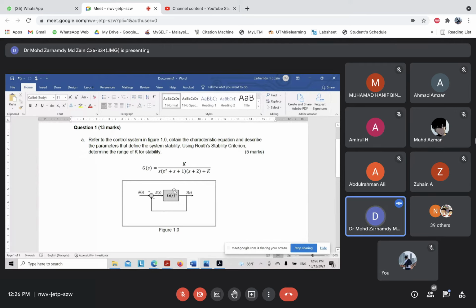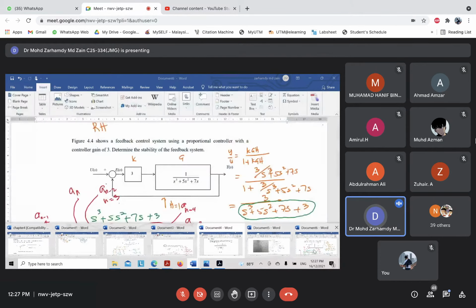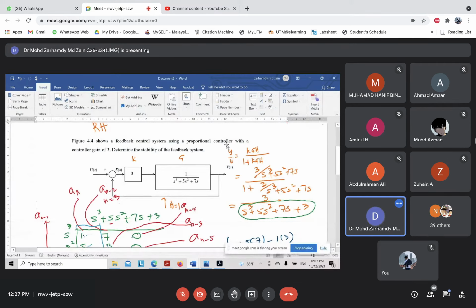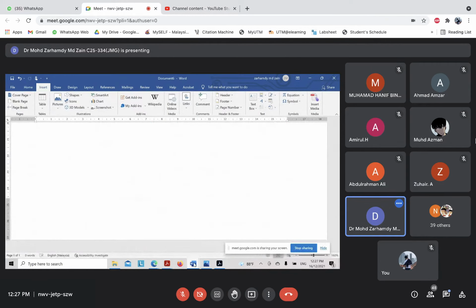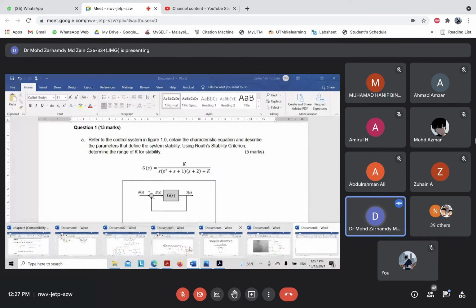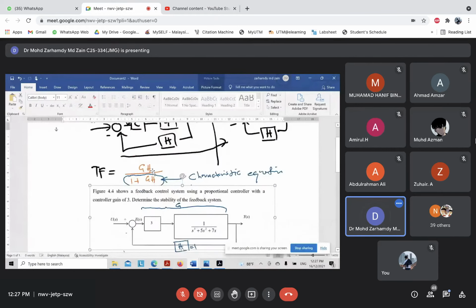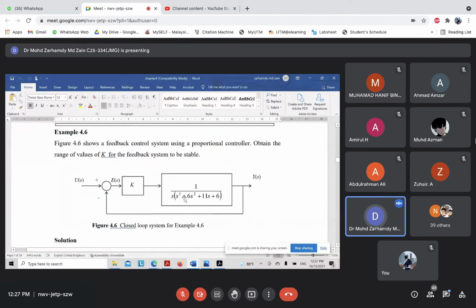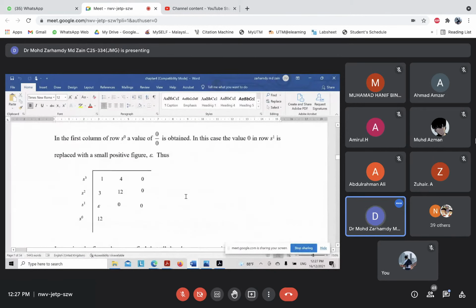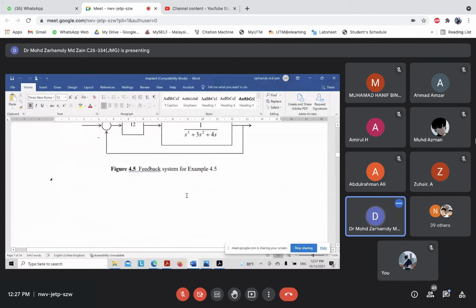Tadi kita buatlah sama-sama ni. This is the example of test 2, question 1A, normally 5 marks, to focus on this table roof rubric ni. Okay, kejap. Ada lagi tak? Saya tengok kejap. Mana pula kalau nak cari ni. Ni okey, bukan. Okey, kejap. Saya tengok dulu.